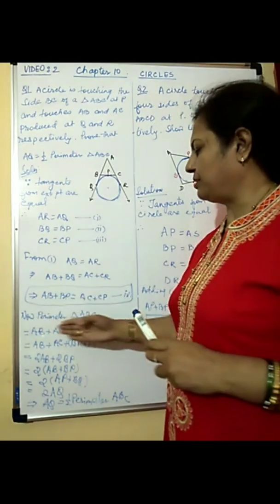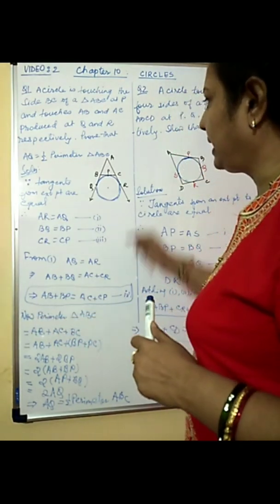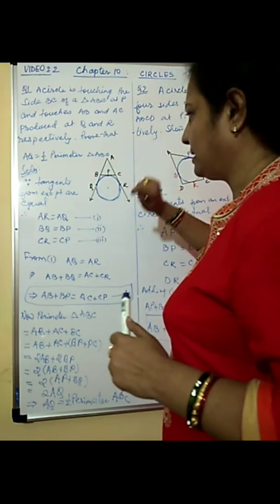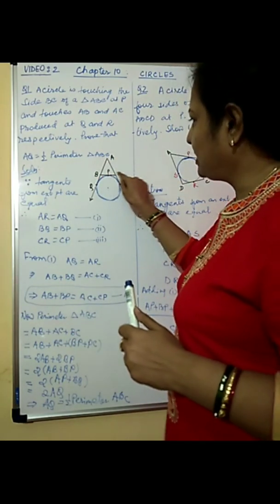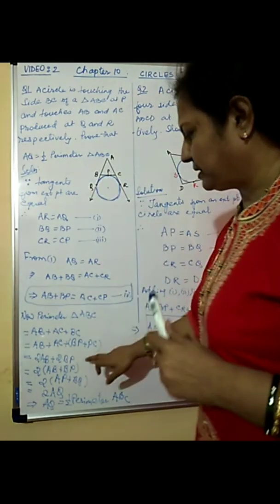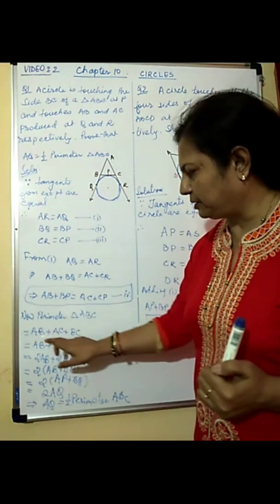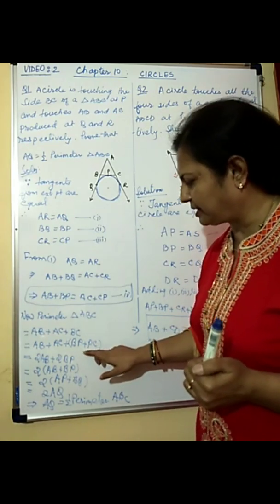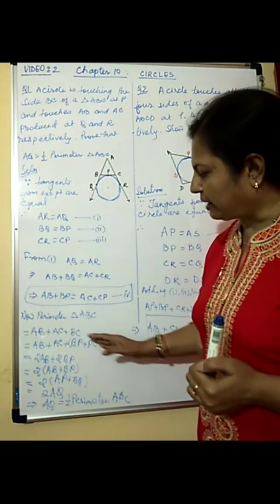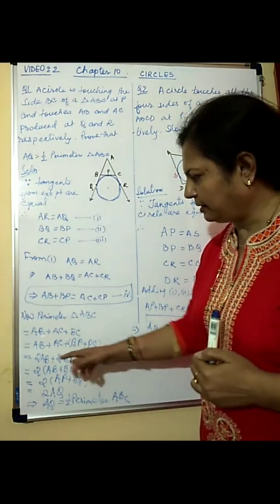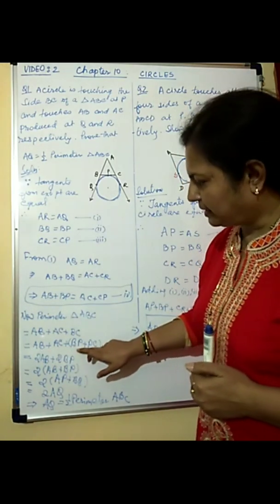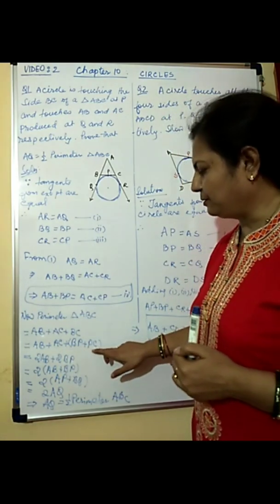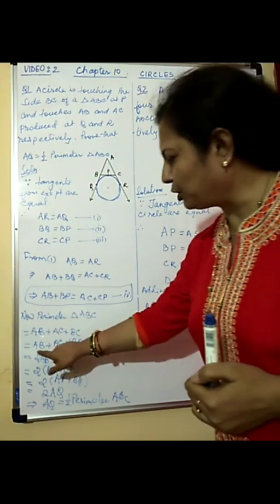And now let us see what the perimeter is. The perimeter of the triangle ABC is AB plus BC plus AC. But what is BC equal to? BP plus PC. So we have the perimeter of the triangle as AB plus AC plus BP plus PC. Now something which you will see here is that we can club AB with BP and AC with PC. What do we get then?